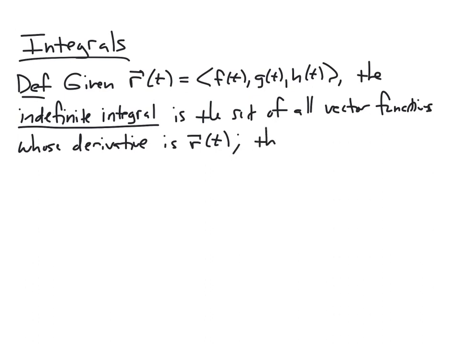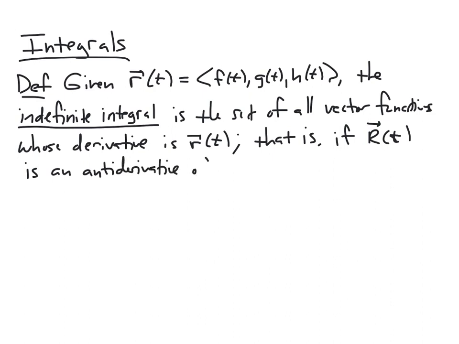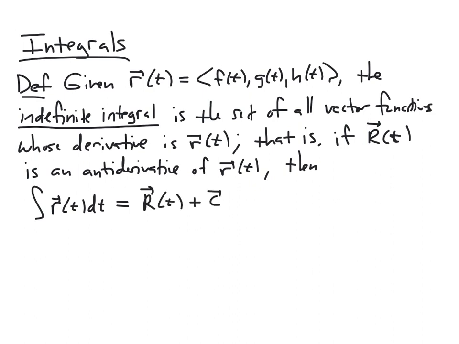So in other words, if capital R of t is an antiderivative of lowercase r of t, then the indefinite integral of r dt is equal to capital R of t plus c, where c is an arbitrary constant vector.